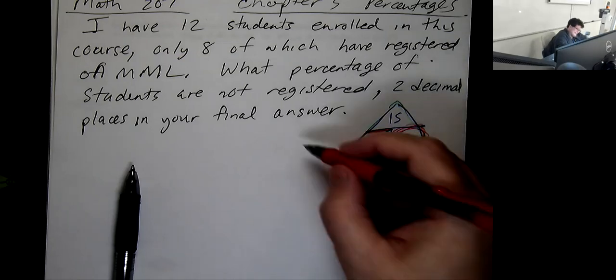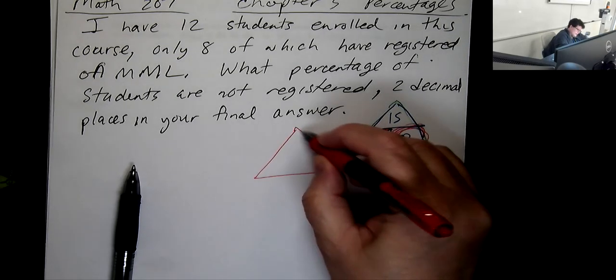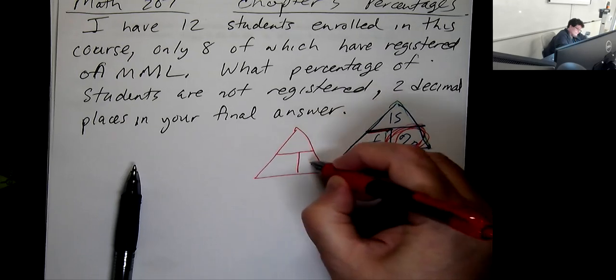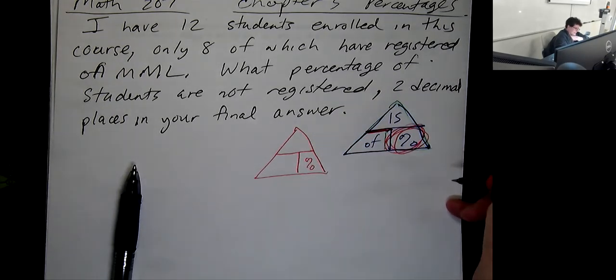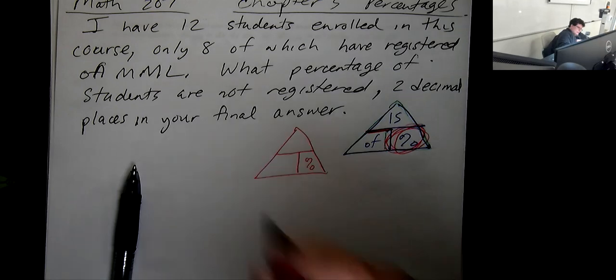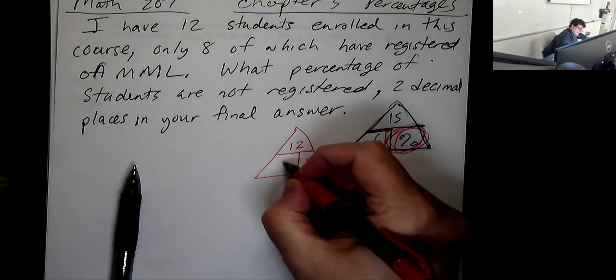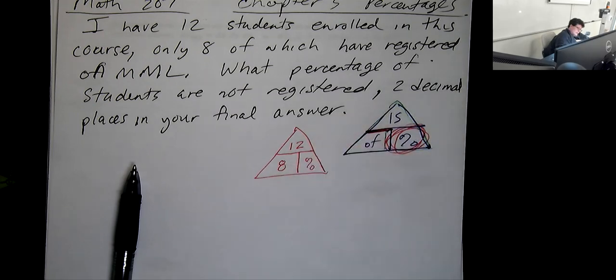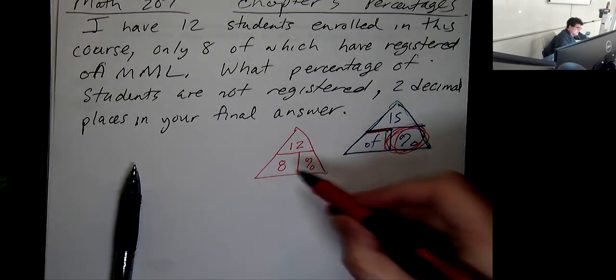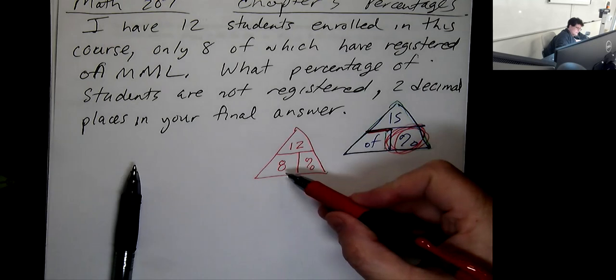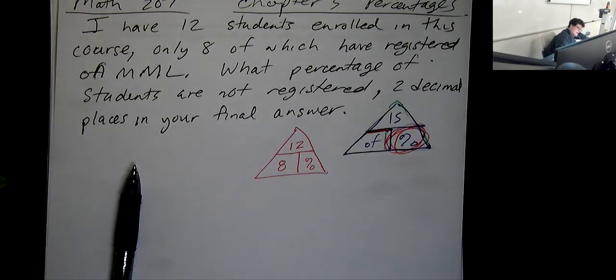What do I put in my is and what do I put in my of? Let's see what we get if we put 12 there and 8 here.